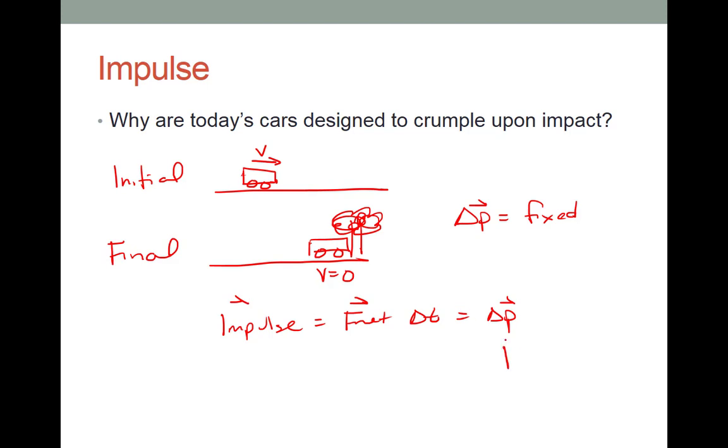This is fixed. It's based on what's going on with the collision, the situation at hand. But it's in everybody's best interest if the net force on the person inside this car is as small as possible, to make the chance of this person escaping with as minimal injuries as possible very likely.